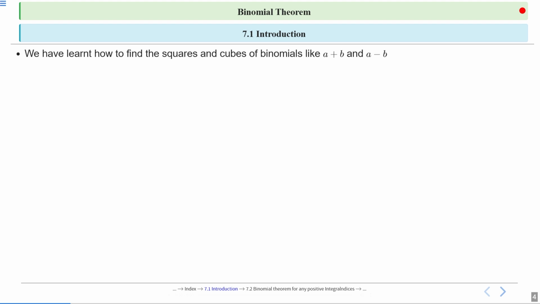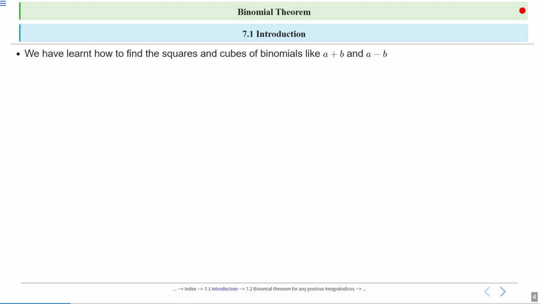Okay, so we have learned how to find squares and cubes of binomials like a plus b and a minus b. For example, the square of a plus b is equal to a square plus 2ab plus b square.